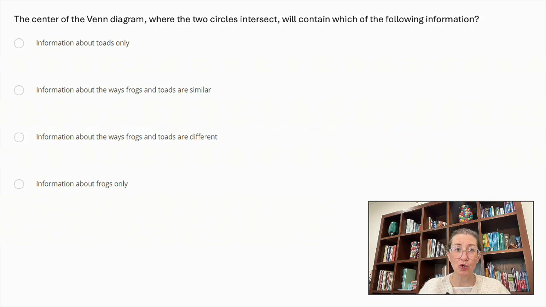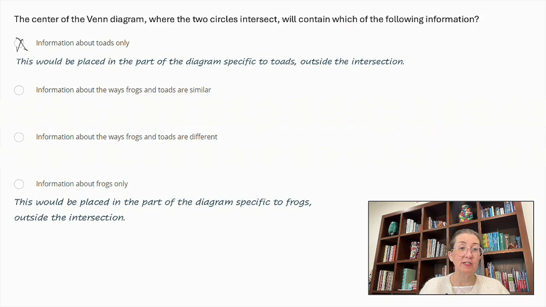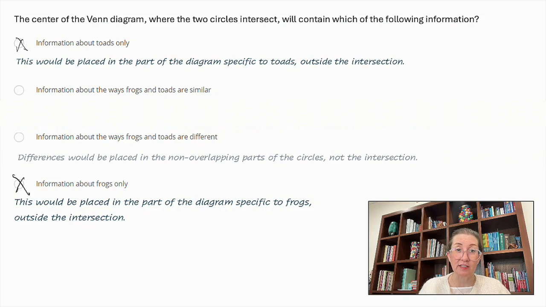Information about toads only. This would be placed in the part of the diagram specific to toads, outside the intersection. So that is not correct. Now to the bottom, information about frogs only. For the same reason, this would be placed in the part of the diagram specific to frogs outside of the intersection again, so that's not correct. Information about the ways frogs and toads are different.